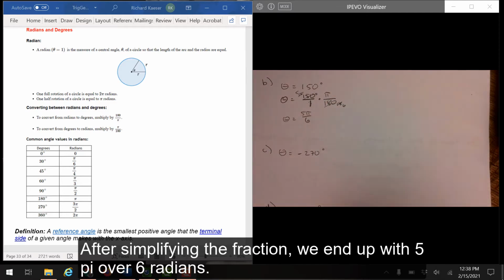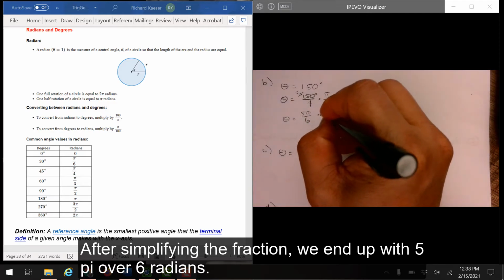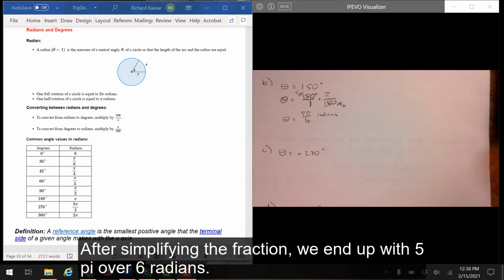After simplifying the fraction, we end up with 5 pi over 6 radians.